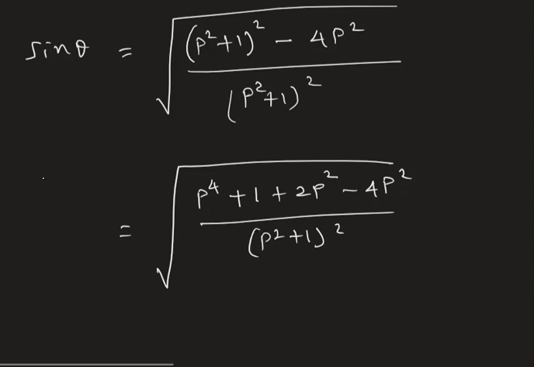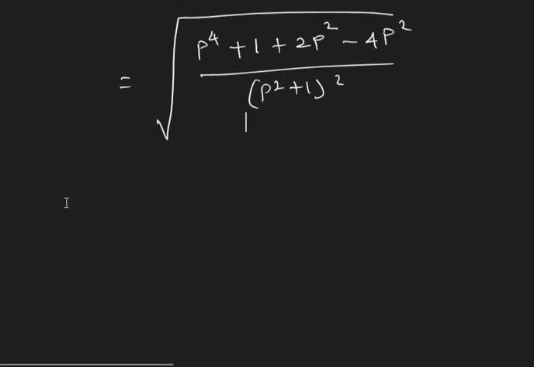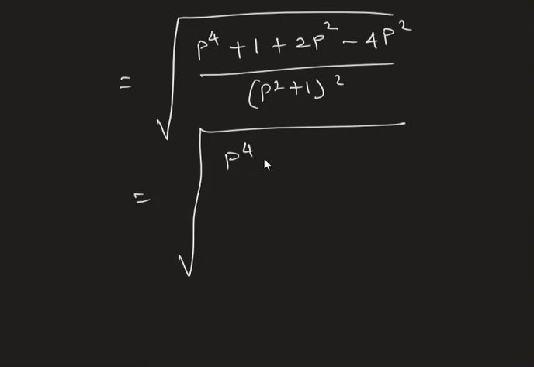Okay, now let us further proceed, that is equal to p power 4, 2p squared minus 4p squared, minus 2p squared plus 1, is it not? So whole divided by p squared plus 1 whole squared.